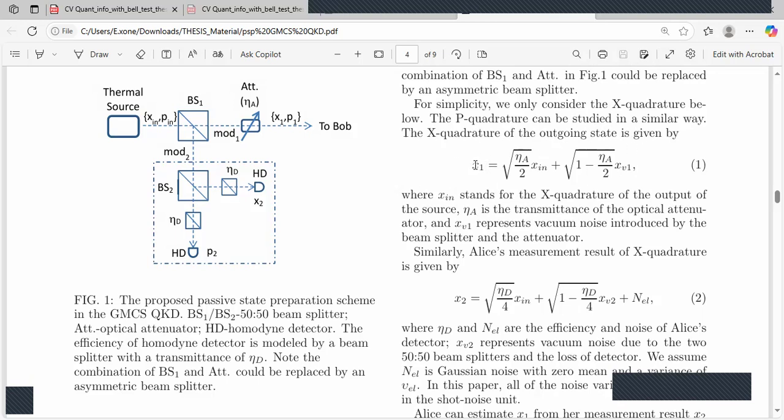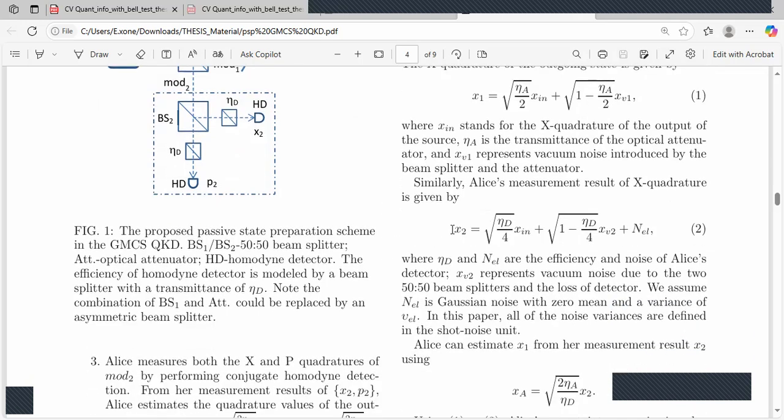So x1 is the incoming quadrature, and we have xv1, that is the vacuum mode introduced during the conjugate homodyne detection, because we have the same setup on the Bob side. So we are employing another beam splitter, which is also going to input another vacuum mode, and this vacuum mode will appear in that quadrature value.